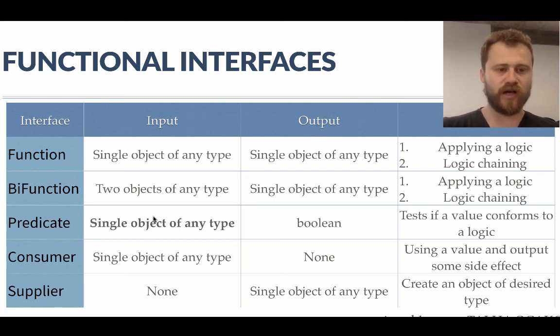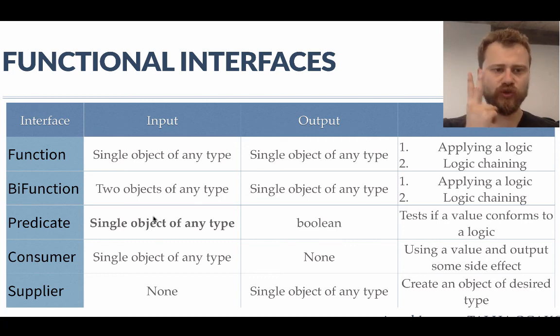If you need more than two arguments, you need to write your own interface. But our topic now is to create a function that gets only one object as input and outputs only one single object. Our goal for using this Function interface is applying a logic to only one object. And with this interface, we may chain the logics. We may invoke the first function, then the second function, then the third function on one single object.